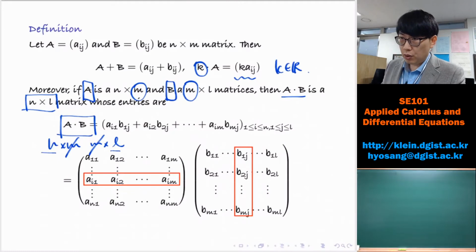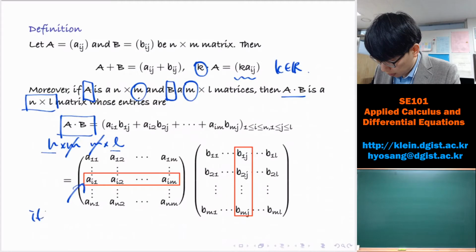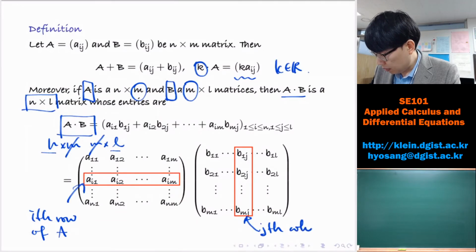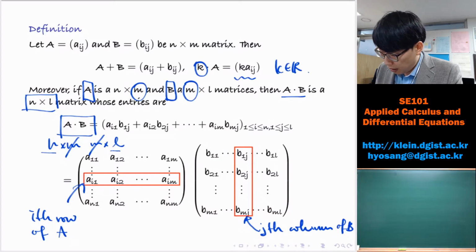If you want to know the ith row and jth column entry of A times B, you take the ith row of A and the jth column of B. Because we matched this m together, there is a one-to-one correspondence between this row and this column since they have the same length.